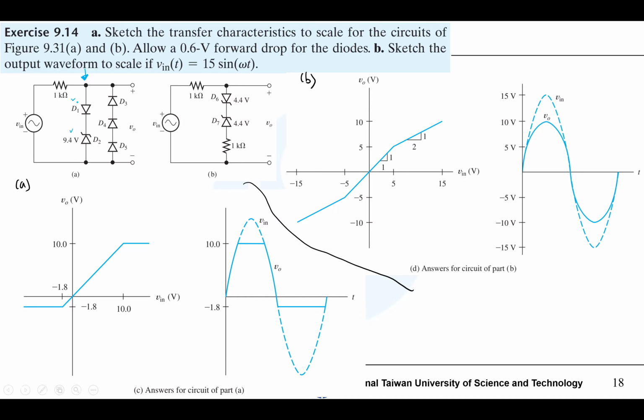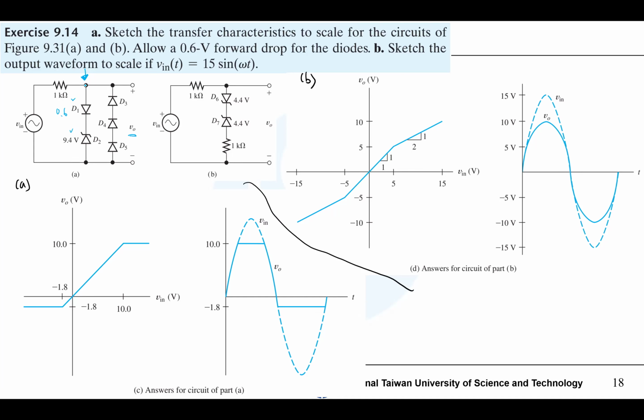It can also be explained by needing to overcome 9.4 volts plus 0.6 volts for D1 to make this branch be on. Once this branch is on, VO will be fixed at 9.4 plus 0.6, which is 10 volts.